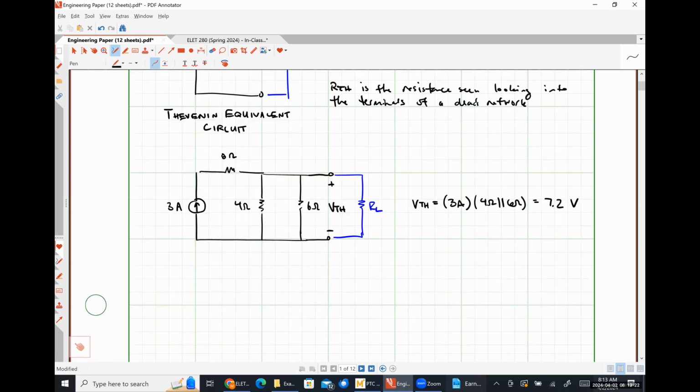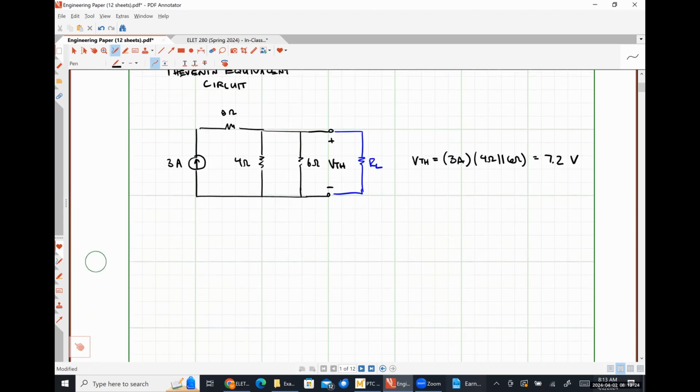Our Thevenin equivalent resistance would be found. So let's do that really quickly. I'm going to redraw my original circuit. So here's my 3 amp source. Eight ohm resistor, 4 ohm resistor.